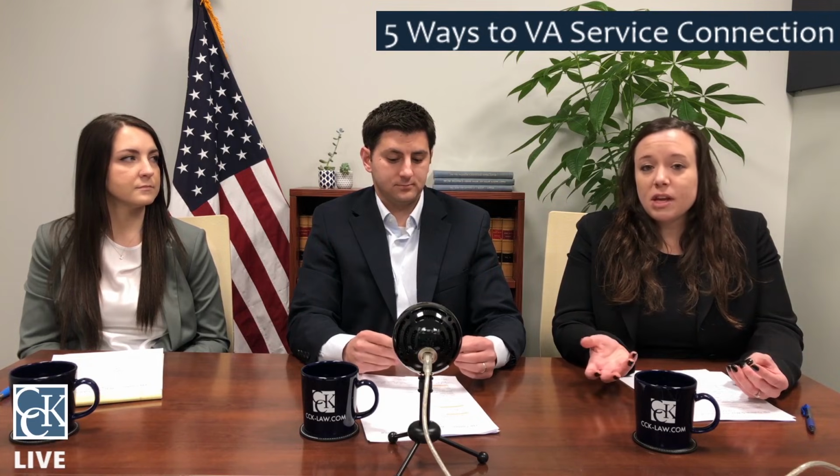Generally speaking, the first is a current disability. We're going to talk more about what that entails, but there needs to be a current issue that you're having that VA can look at and determine whether it's related to service. The second is that there needs to be some kind of in-service illness, injury, event, or incurrence, something that would have prompted or affected the current disability that you have.